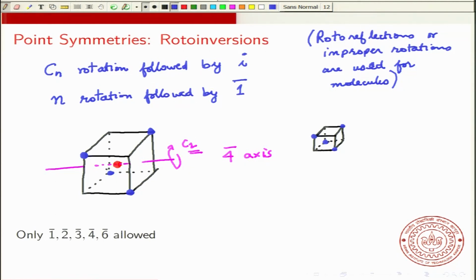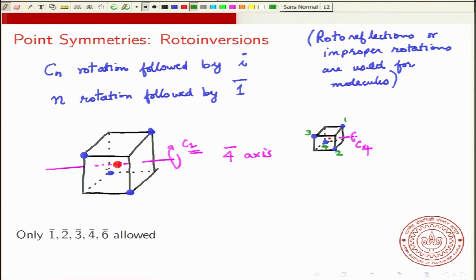Now, if I perform a C4, then let me label these atoms as 1, 2, 3, 4.